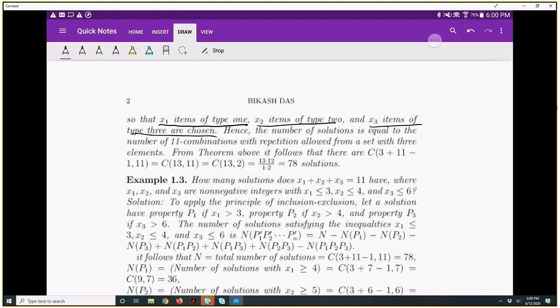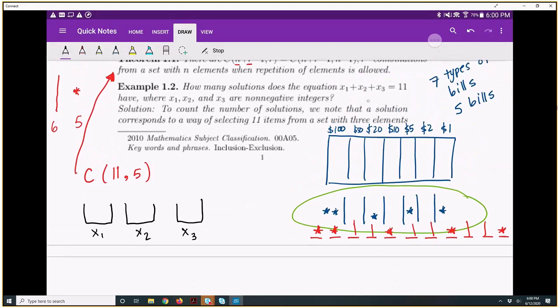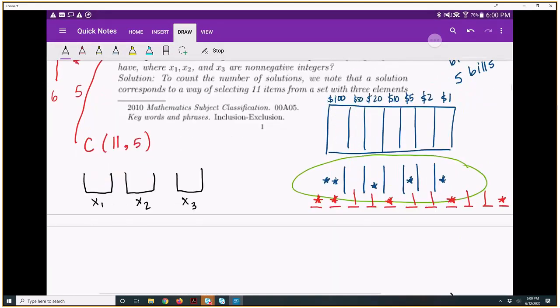So from the theorem above, that's going to be n is equal to 3, r is equal to 11. So 3 plus 11 minus 1 choose 11, which is 13 choose 11. There are 78 solutions to the equation x1 plus x2 plus x3 equal to 11, where x1, x2, and x3 are non-negative integers.